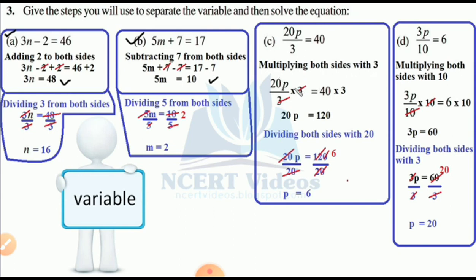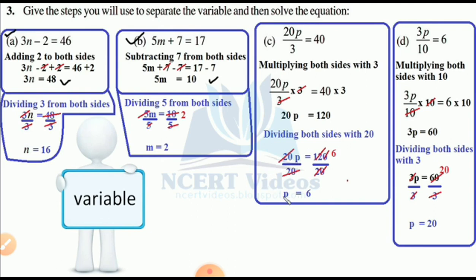Correct. Now again we have to remove 20 from the left side. We will get P is equal to 6 because 120 divided by 20. Yes, 20 6s are 120. Correct. So here we have the answer of C. P is equal to 6.